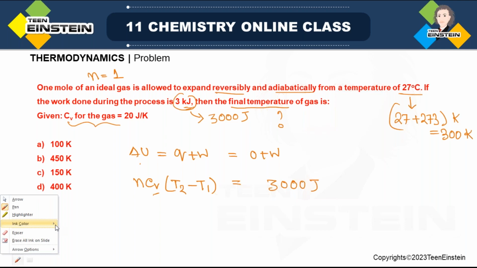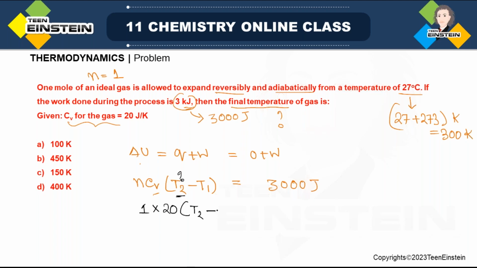Now n Cv dT, n value is 1. So it is 1 into 20 joule. T2 value we do not know, but you know what T1 is, because final temperature we do not know. So we will simply write T2 minus the initial temperature, and there is 3000.